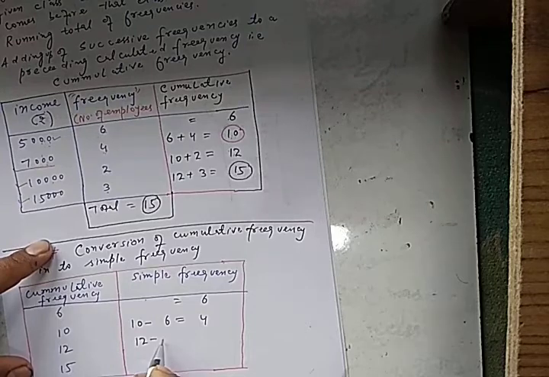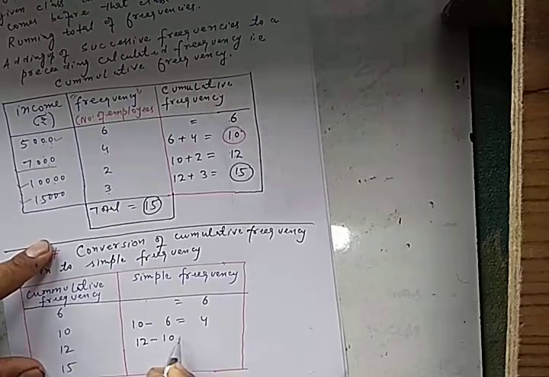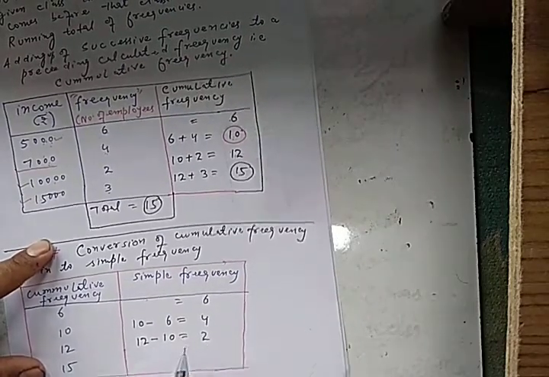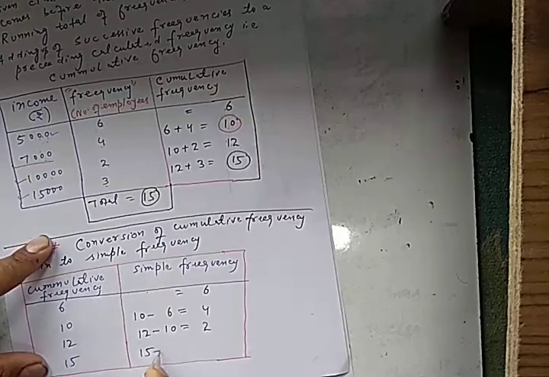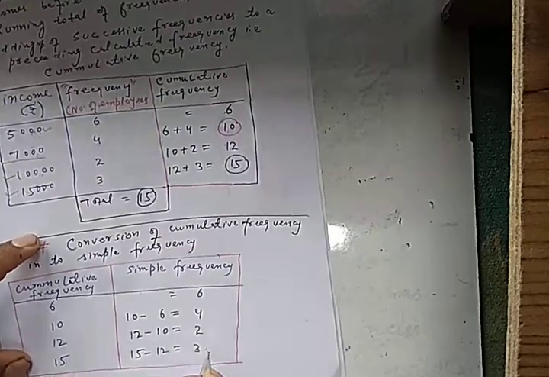Here it will be 12 minus 10 equal to 2, 15 minus 12 equal to 3.